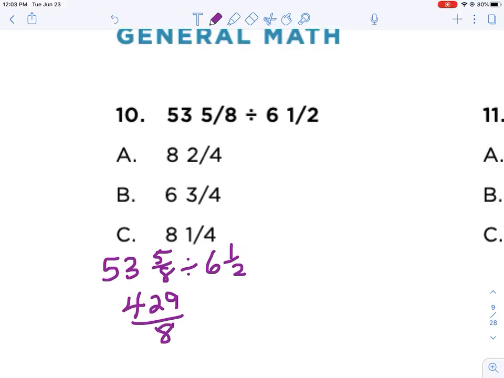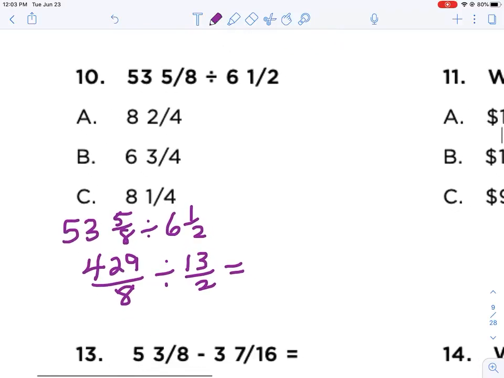You're going to put that over 8. Now we're going to do the same thing for 6 1/2. 2 times 6 is 12. 12 plus 1 is 13. Now for division, we do not leave it division. We are going to change it to multiplication. And the rule is we keep the first thing, flip the sign, flip the last thing.